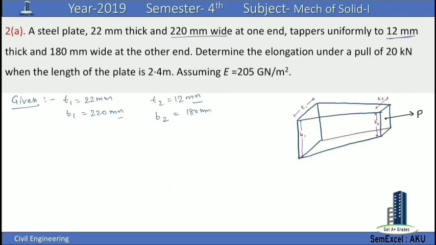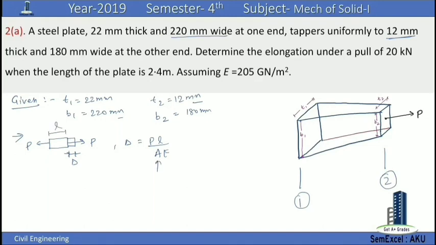This section is section 1 and this section is section 2. First we will discuss how to derive the result. Since we know for any bar, if there is a load P acting at the ends, then the deflection delta is equal to PL by AE, where P is the load, L is the length of that bar, A is the area of cross section and E is the Young's modulus of elasticity.